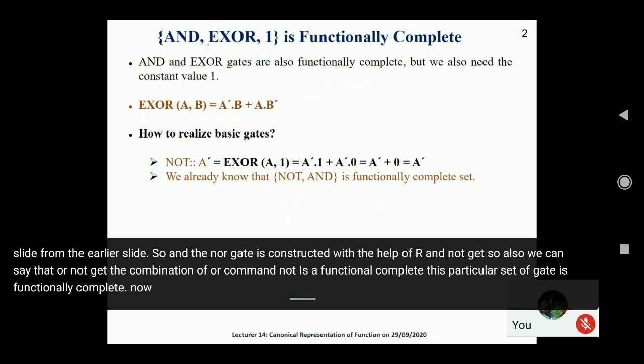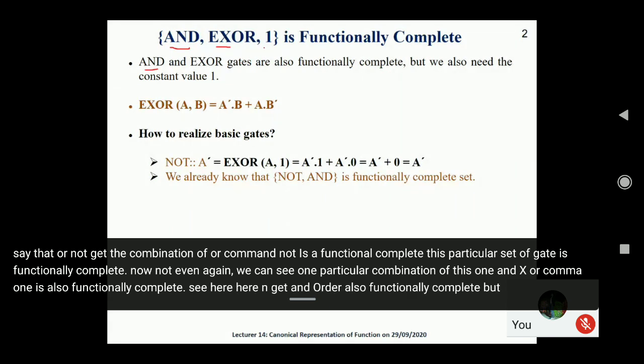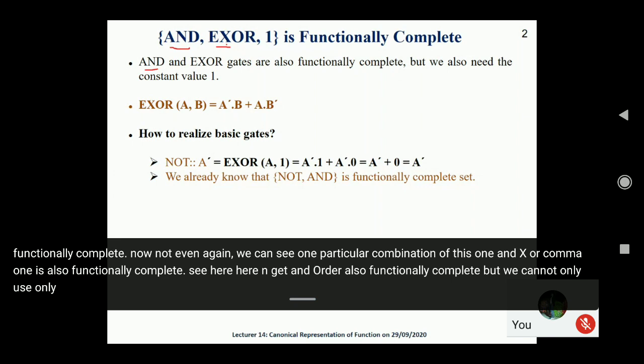Now again, we can see another combination: AND, XOR, 1 is also functionally complete. AND gate and OR gate are also functionally complete, but we cannot use only AND and XOR gate. We are using a constant binary value, which is 1.